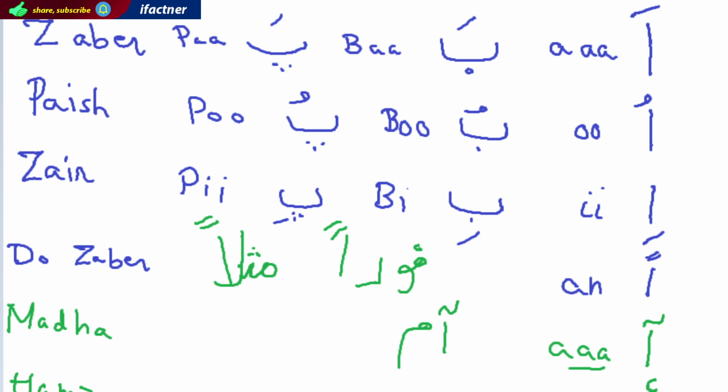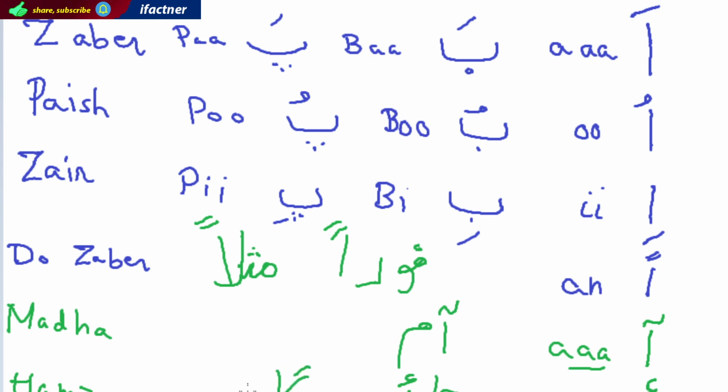For example, we have a word chae: che, alif, Hamza, badiye. Without Hamza it would be chai, but to make the sound bigger and to connect these two, alif and badiye, we use Hamza, and then it changes to chai, and then gaye.